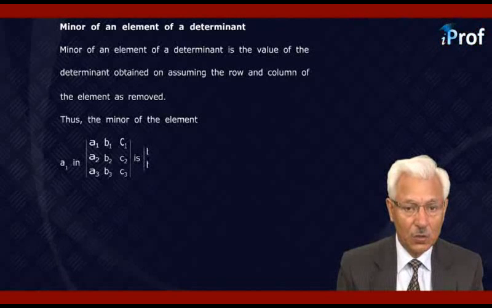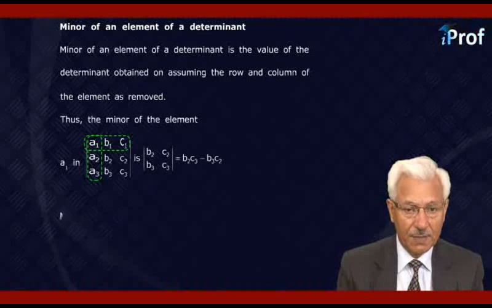These are the row and column of the element a1. We are left with the determinant of order 2, that is b2, c2, b3, c3, which is equal to b2c3 - b3c2. It becomes the minor of a1.